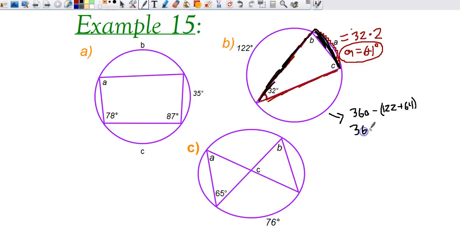So that's 360 minus 186. And that's going to give you 174. So now that I have the arc, I can get the angle by dividing by 2.